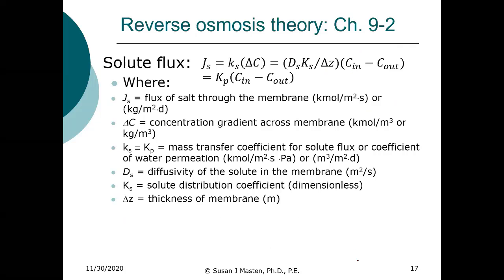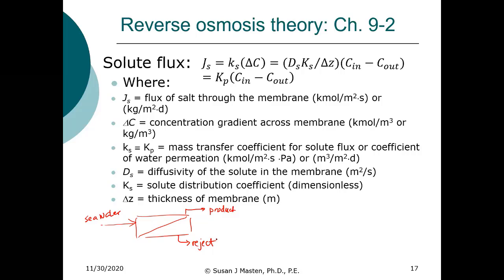The solute flux is the flux of salt or other chemicals that pass across the membrane surface. So for instance, if we're looking at that sodium chloride solution and we have a membrane surface, so here's our membrane, we'll take seawater, we produce a product stream and a reject.